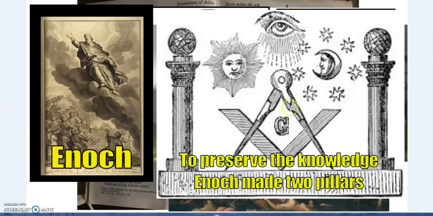The 2 pillars and the geometry, the astronomy, the 7 liberal arts, so music, geometry, astronomy, arithmetic, rhetoric, grammar, and logic, the basis of science and civilization, because weights and measures are inseparable from these things. Geometry: earth, measure.